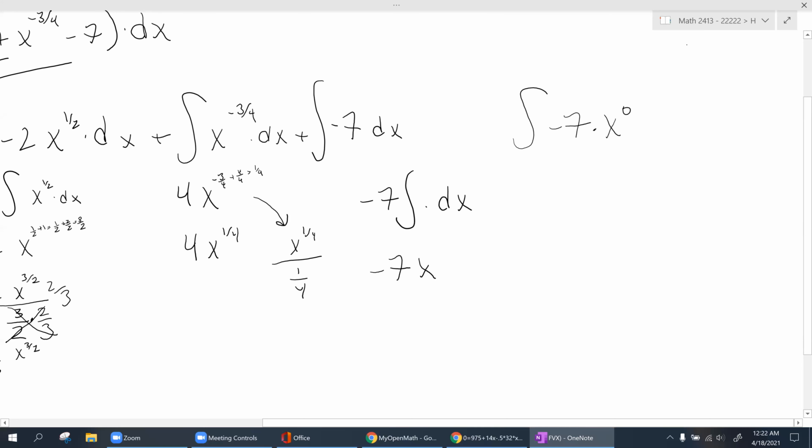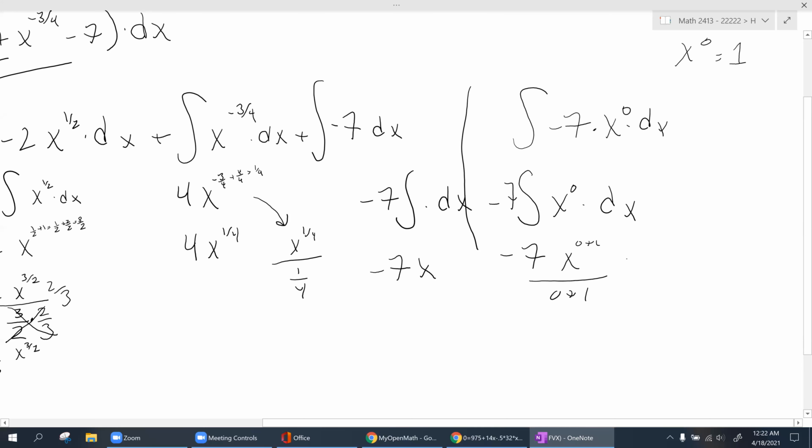Because what is x to the 0? Anything to the 0 is 1. Meaning if you were integrating this, let me factor out that -7. This is -7, x to the 0 times dx. By following those rules, this is -7, x raised to the 0 plus 1 over 0 plus 1.